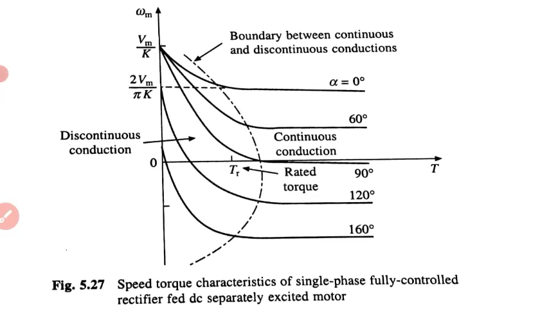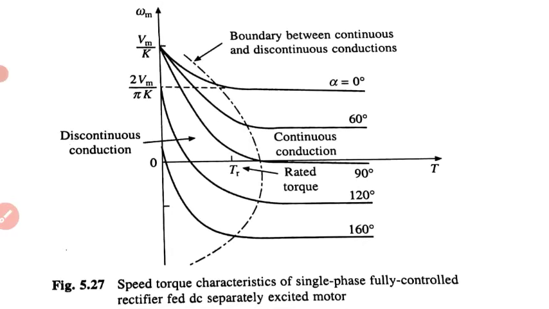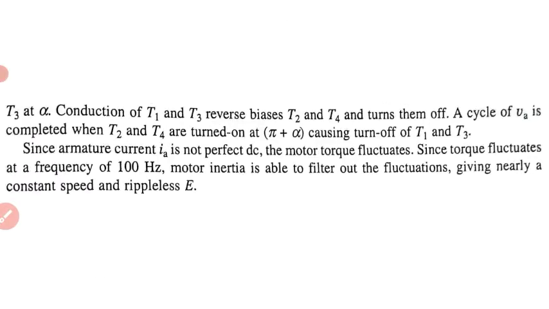Now here, the discontinuous mode is where the boundary between continuous and discontinuous conduction is obtained. And one more very important point is the output voltage of the DC controlled rectifier.